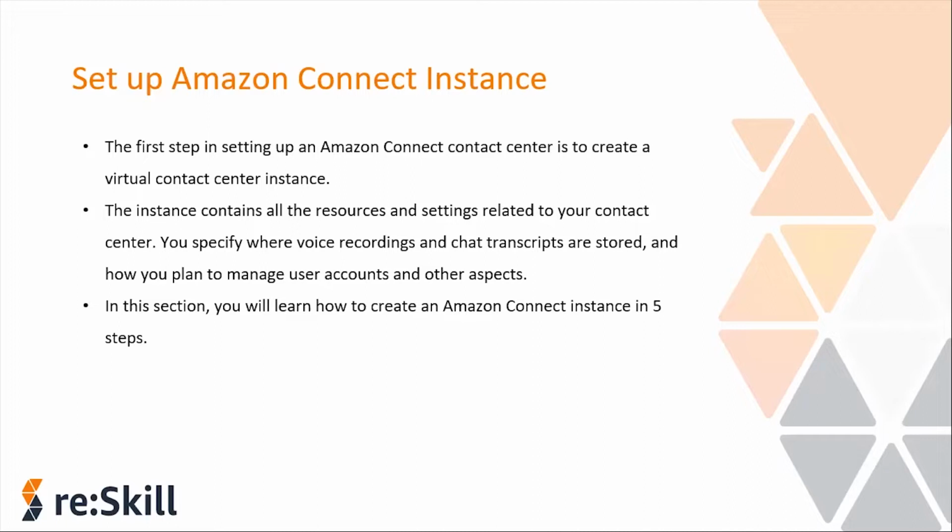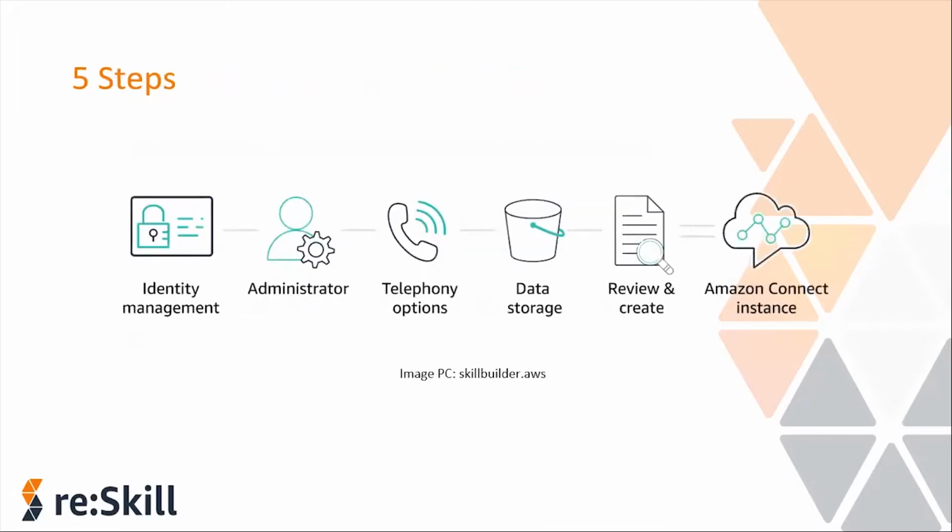So in this section, you will learn how to create an Amazon Connect instance in 5 simple steps. And what are those steps? Here are the steps. First step is you need to select identity management for your contact center. Second, who will be the administrator who is going to manage your contact center?